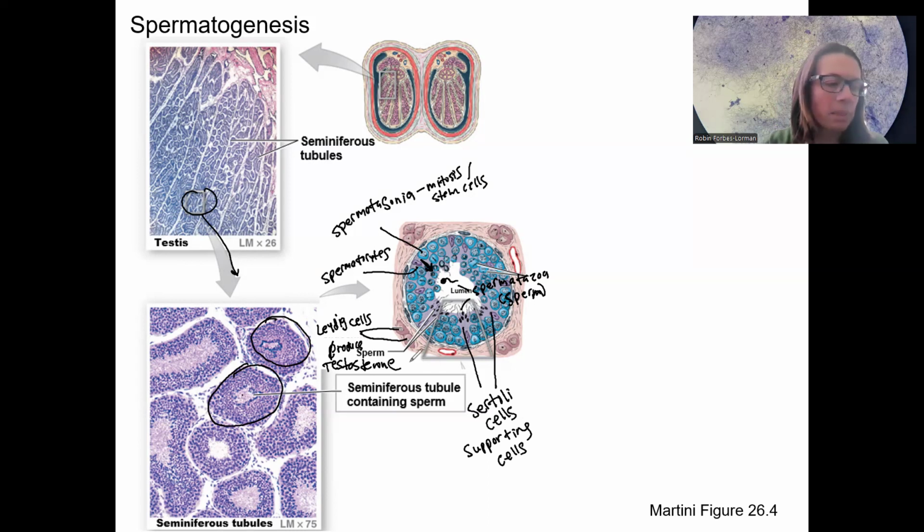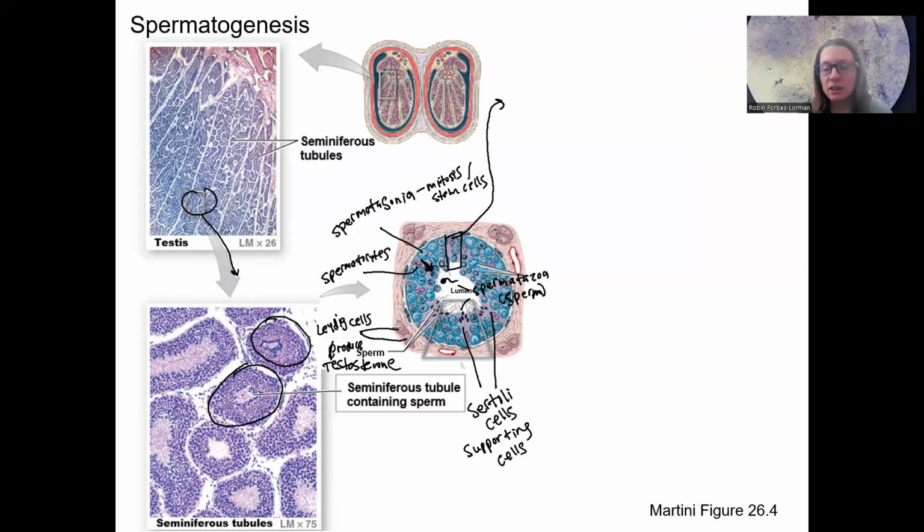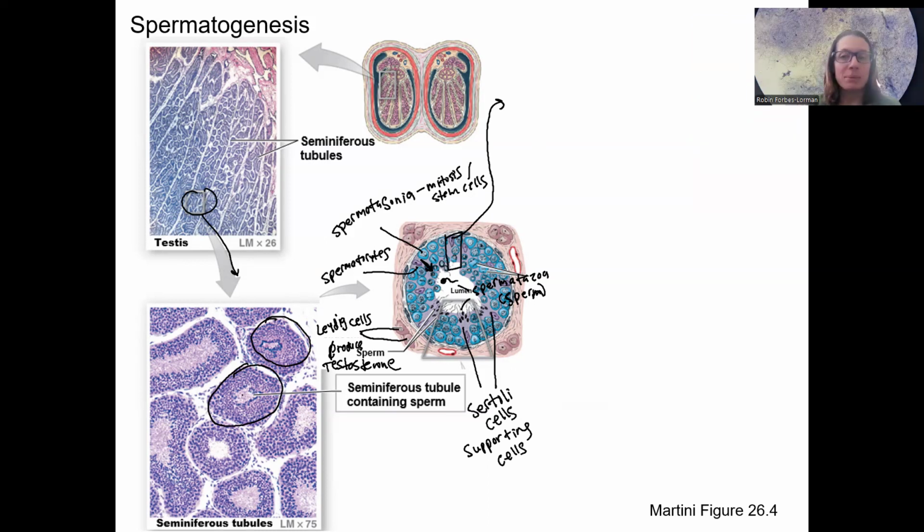Okay. So let's zoom in even further to what's happening across this section in terms of development of the sperm. This is going to rely on some remembering and application of mitosis, mostly meiosis. So fair warning. Okay, so these spermatogonia are 2N.